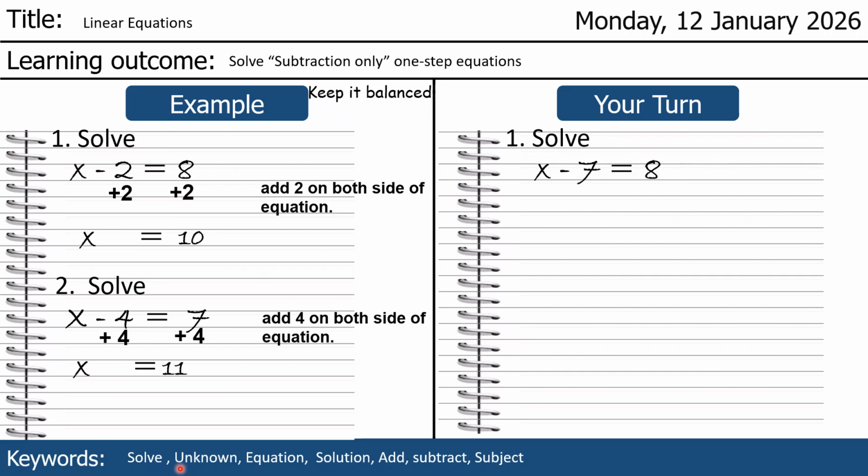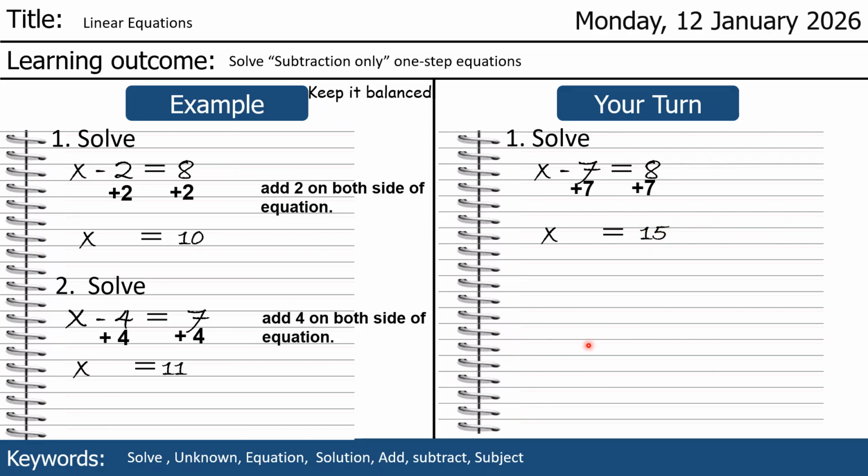So you add 7 to the left hand side of the equation, and also remember to add 7 to your right hand side of the equation as well. So this means x will be equal to 15.